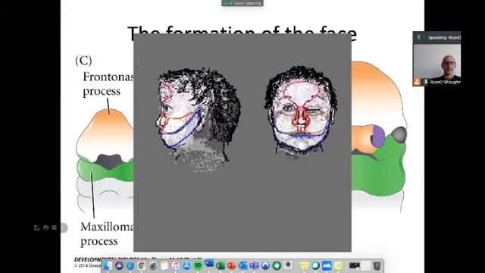So obviously, if things happen to prevent the proper migration of these cells, the defects in developing humans would be quite severe facial defects.